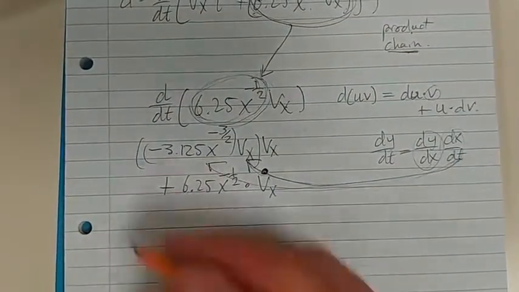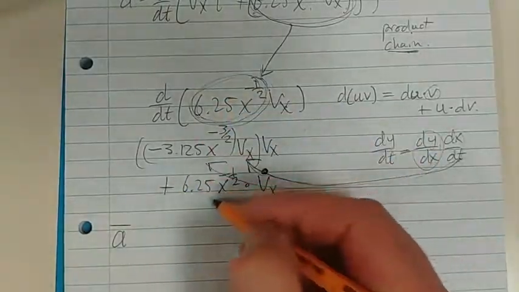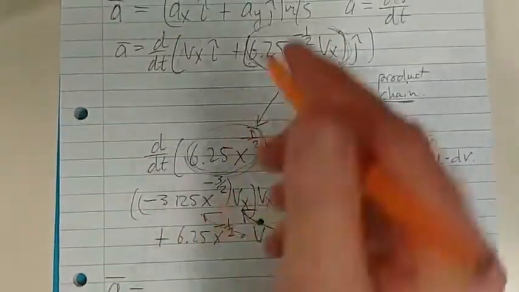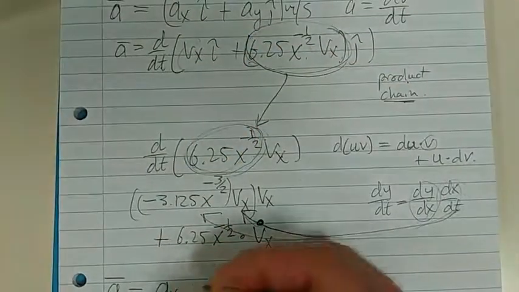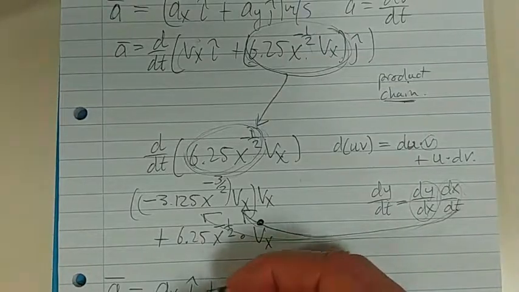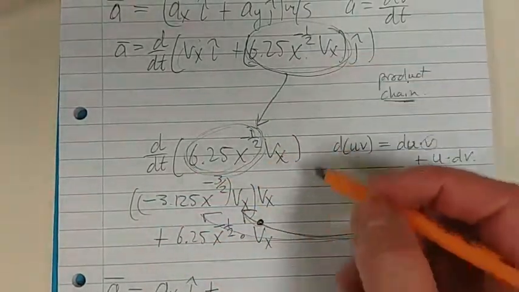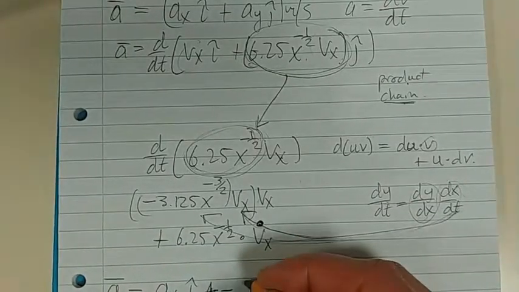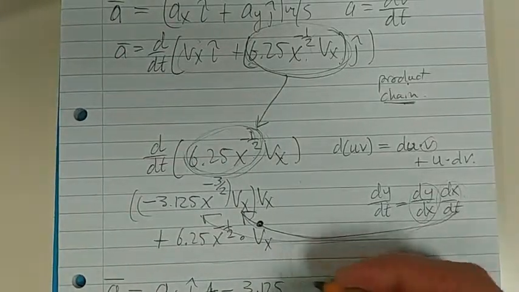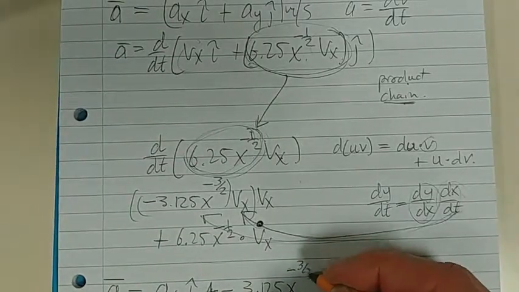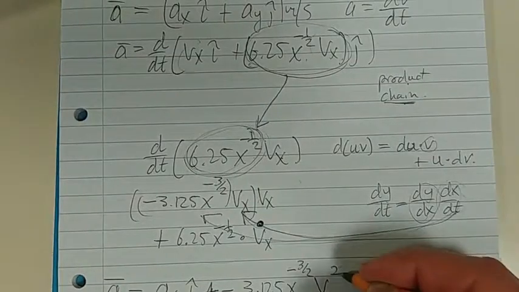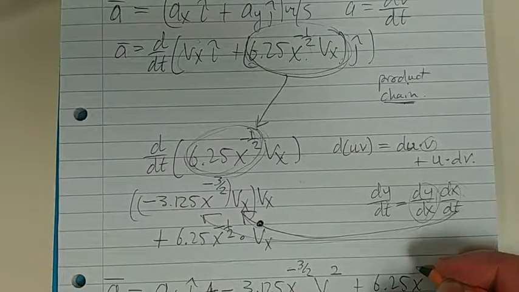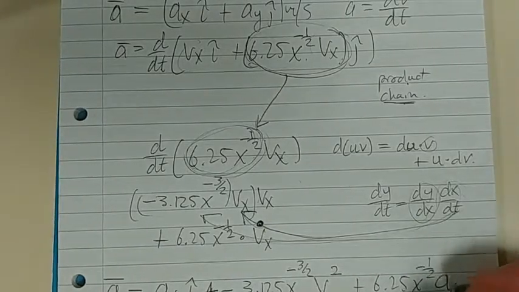All right, so if I rewrite this, I can now put it back in here. Acceleration, d/dt of this, is ax times i, plus, now I can put that whole thing back into the acceleration vector, minus 3.125 x to the minus 3 over 2 vx squared plus 6.25 x to the minus a half ax.